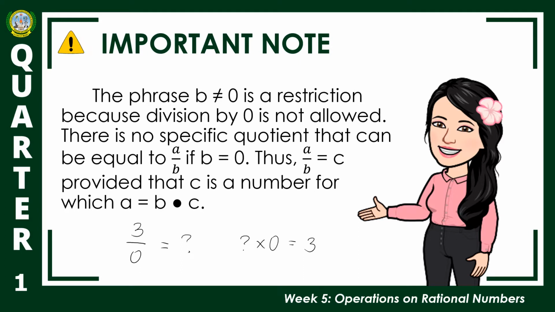So, wala po tayong maiisip na number na kapag minultiply po natin sa 0, 3 ang lalabas. Okay? So, tatandaan po, ang rational number po ay fractional form where a and b must be integers at ang b po ay hindi pwedeng maging 0.